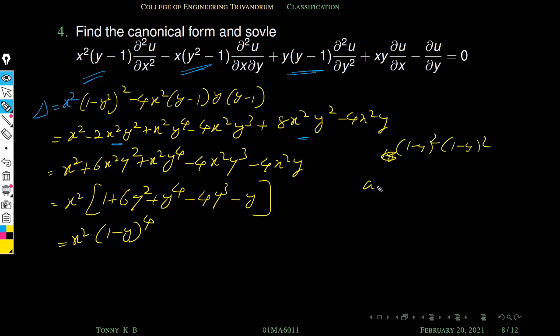We have a binomial formula like this: (a plus or minus b) whole raised to n, which is nC0 a raised to n plus nC1 a raised to n minus 1 b plus etc. Either you can use this binomial expression, or (1 minus y) square and (1 minus y) square. It's a basic idea.